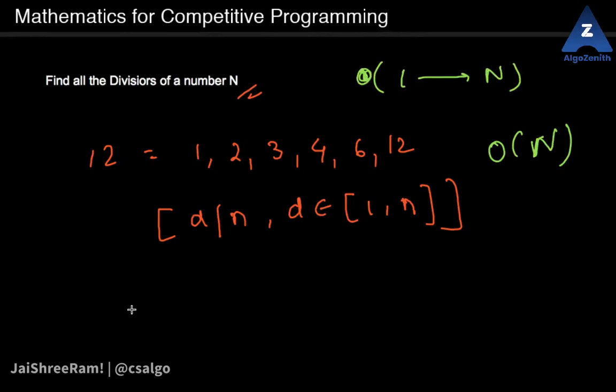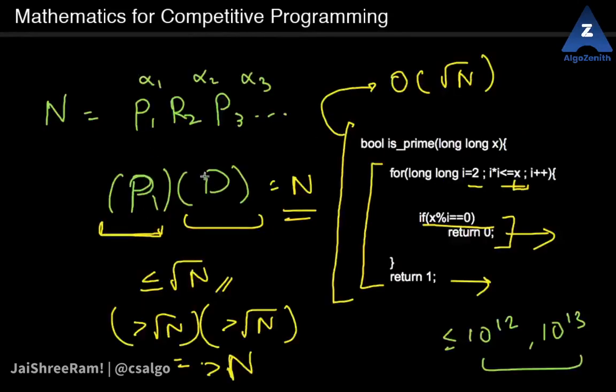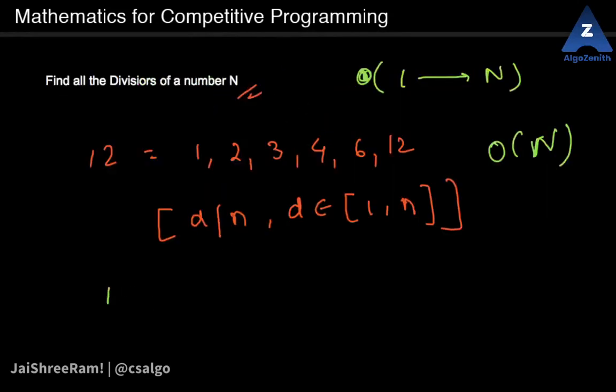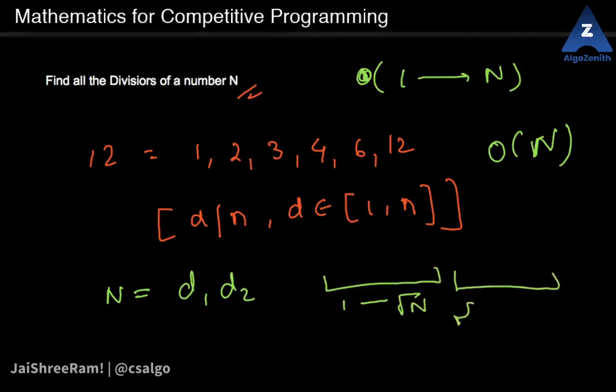Now we think about a particular logic here, where we resort to the same idea that we discussed just now, this p1 into d part. Let's suppose a number n is decomposed into two parts, some divisor 1 multiplied by divisor 2. Now let's chunk up all the divisors appearing in the range 1 to root n, and from root n plus 1 to n.